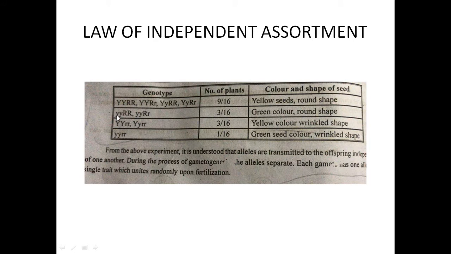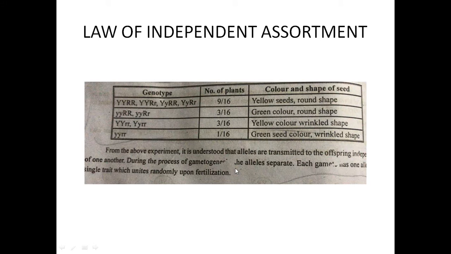This is one of the alleles of the gene, capital Y is the gene. One allele is capital Y. Independent assortment of two genes produces different types of gametes. Alleles are transmitted to the offsprings independent of one another.